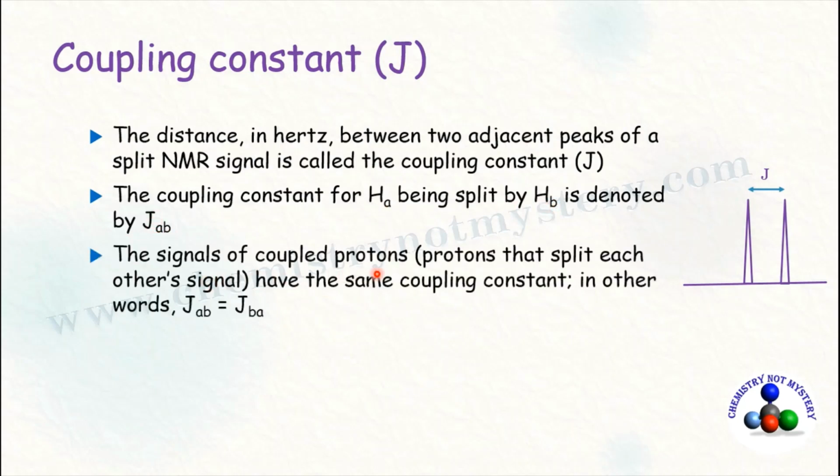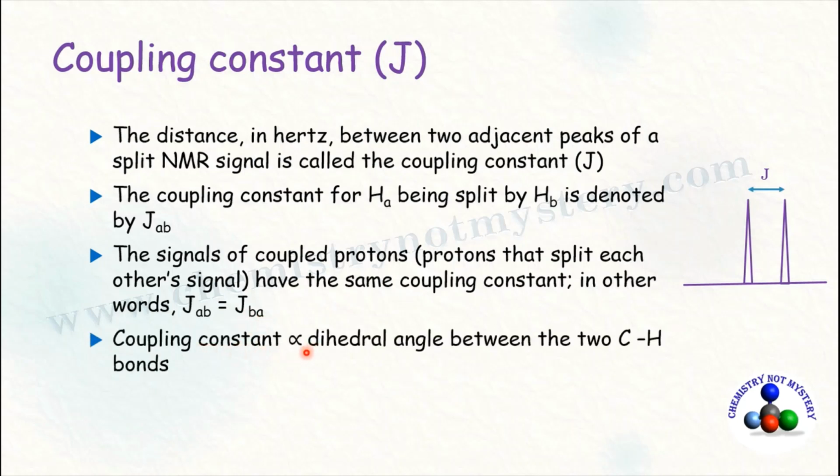The signals of coupled protons have the same coupling constant. Means the coupling constant of proton A being split by proton B and the coupling constant for proton B being split by proton A will be equal to each other. Means JAB will be equal to JBA.